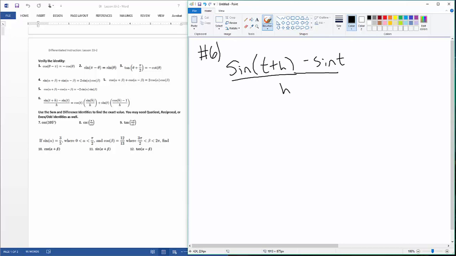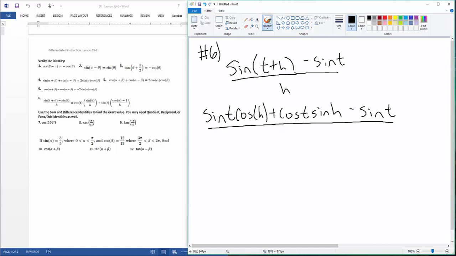So the sine of t plus h, that's going to be sine t cosine of h plus cosine of t sine of h, and that's going to be minus sine of t, all over h.